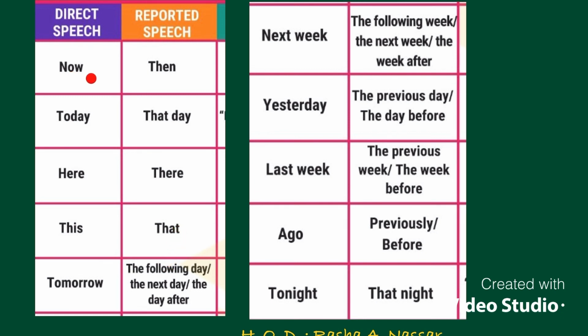Now will be changed into then. Today will be changed into that day. Here will be changed into there. This will be changed into that. Tomorrow will be changed into the following day or the next day or the day after.